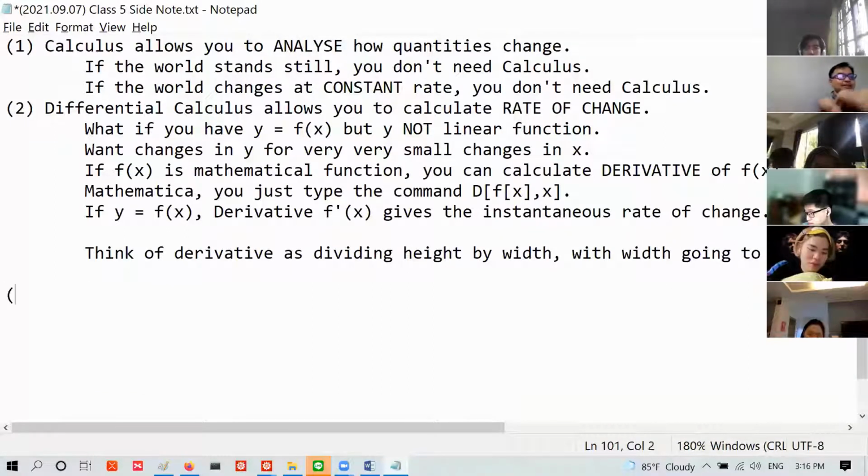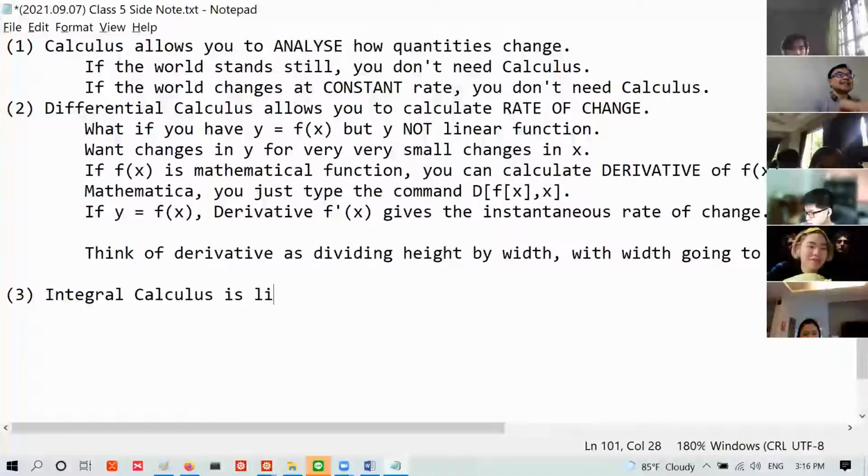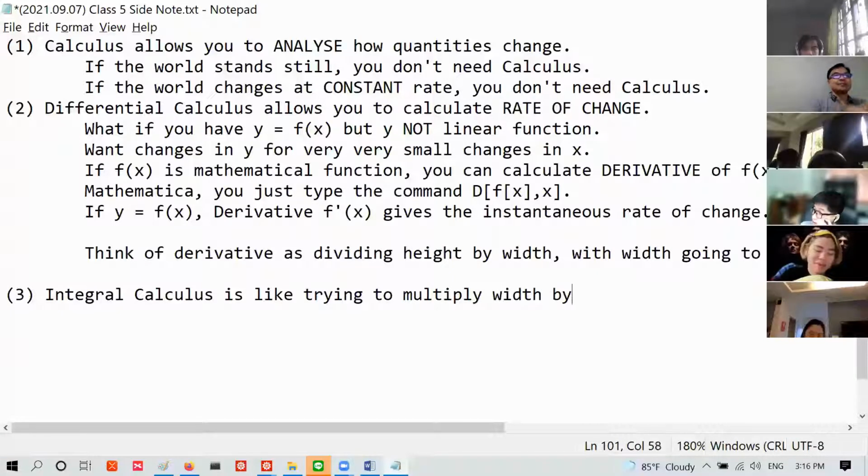Now, integral calculus is like trying to multiply width by height, but the height changes. Okay.